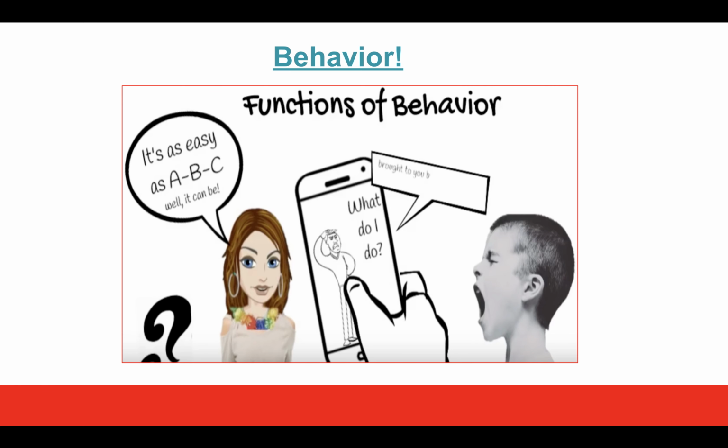And so you have to think very closely and reflect on what the functions of those behaviors are, especially when working with students with disabilities, so that you can better address their needs.